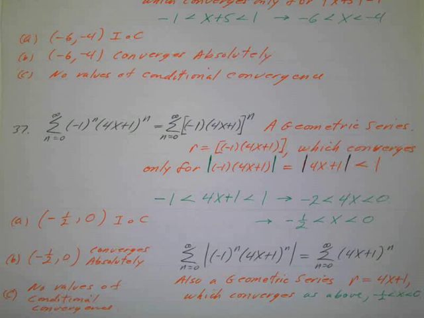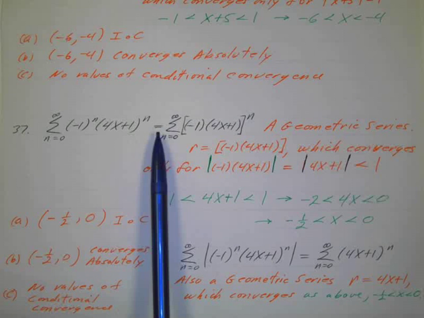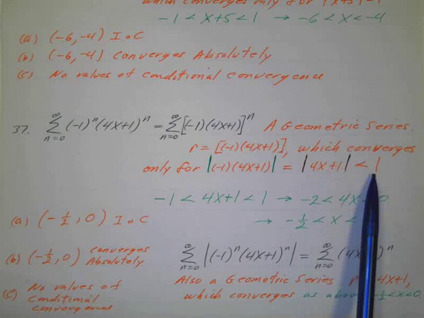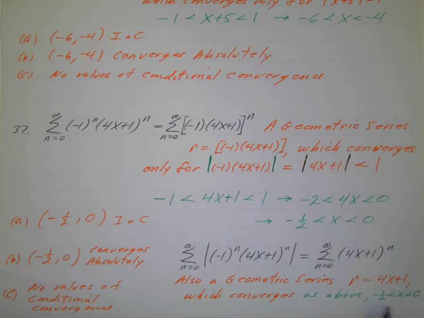Now, you could look at it and pretty much guess the absolute convergence, but I checked it for completeness. I took the absolute value of this series, which gets rid of the -1, since the absolute value of -1 is 1. And again, it's a geometric series, and the ratio is 4x plus 1, which converges as above, with the same interval, -1/2 less than x less than 0.